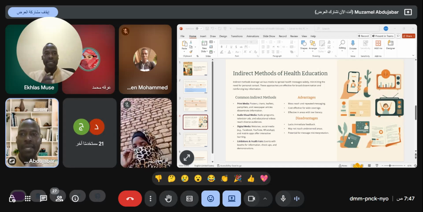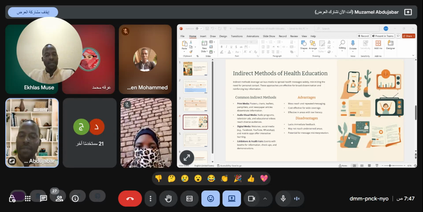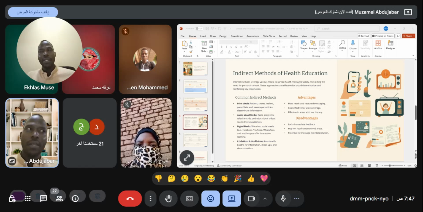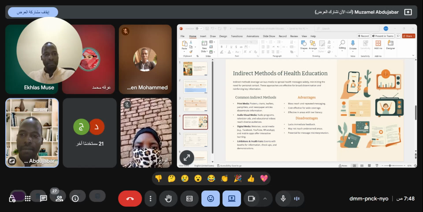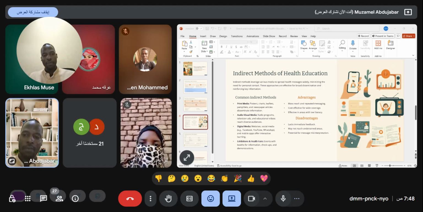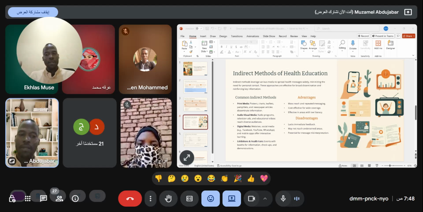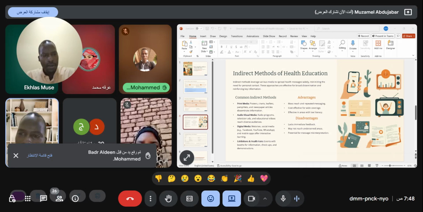It needs a mediator to send them the message. Additionally, in the indirect method of health education, you can send the message at the same time to a mass of people, a large number of people, like you can see with WhatsApp or Messenger.